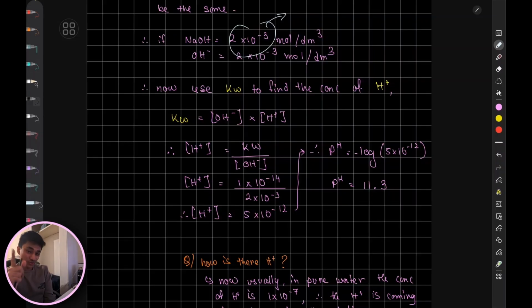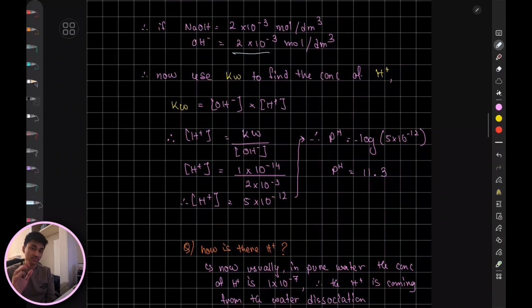If you know the OH concentration, you can find the H plus concentration. That's the beauty of using that equation. So NaOH is given, you find the OH concentration, which is exactly the same in this case, and you use the KW formula.